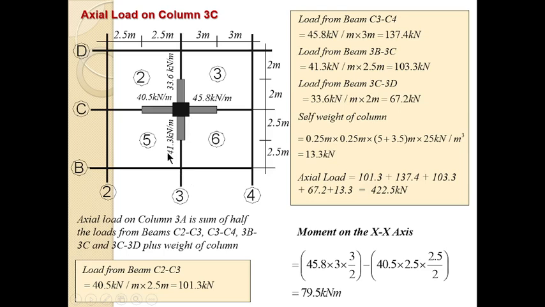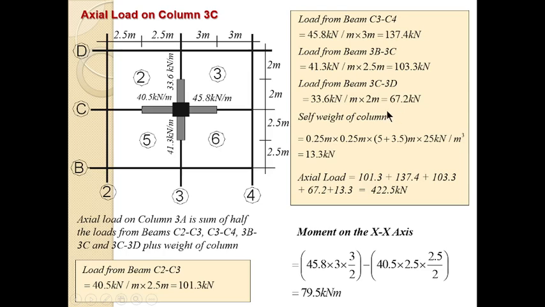Here you have the load of 41.3, and this distance is 2.5, because the whole beam is 5, so half of it is 2.5. That's why you have this multiplied by 2.5, and it gives you this. Now load from beam 3C3, that is this beam, the same thing, 33.6 multiplied by this distance, which is 2. So you have this.